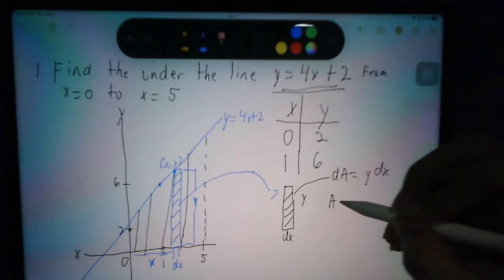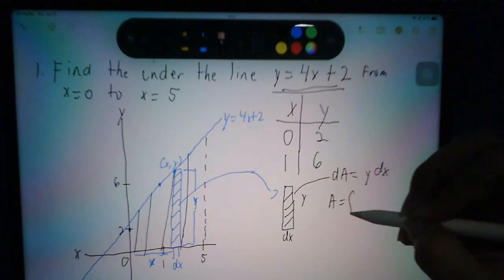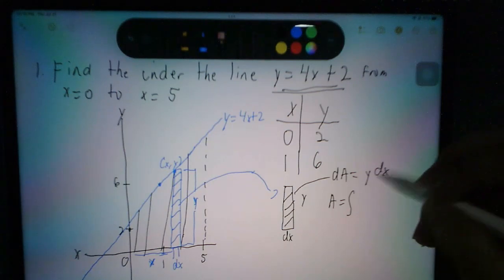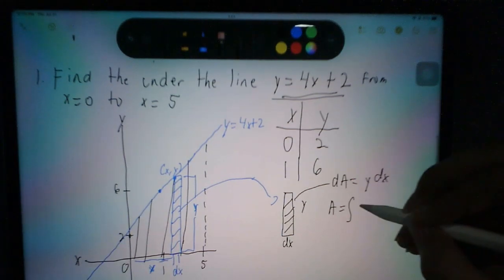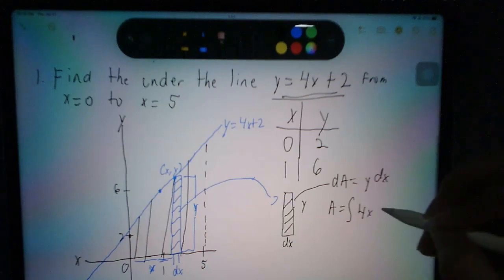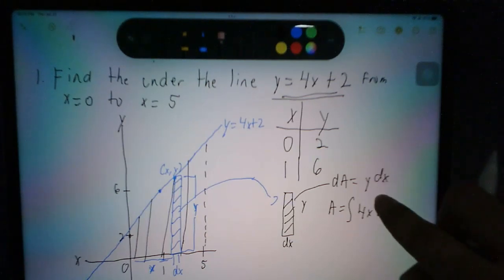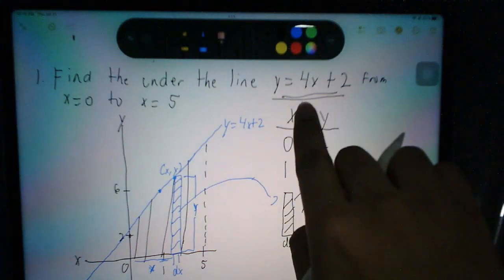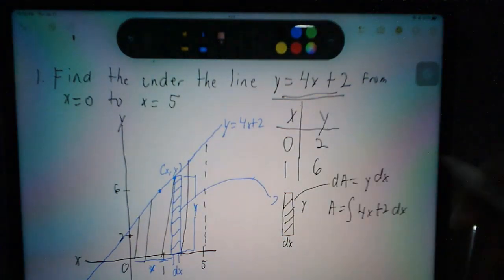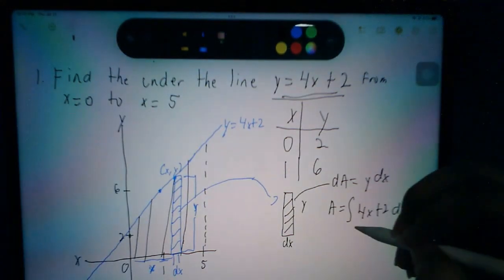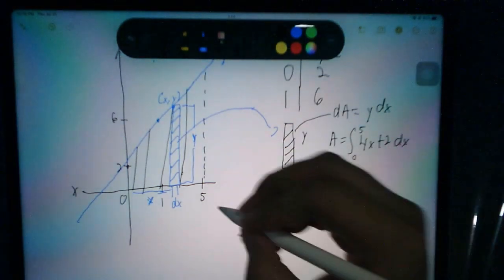So the integral of area is equal to the integral of y dx. We substitute y with our equation, which is 4x plus 2, so the integral of 4x plus 2 dx. Now the limits here are from 0 to 5. Now by solving this, let's put it here.